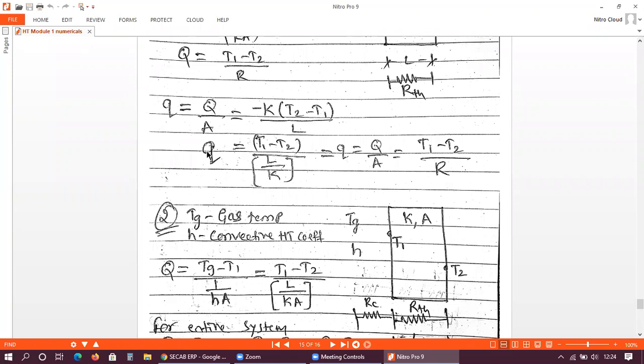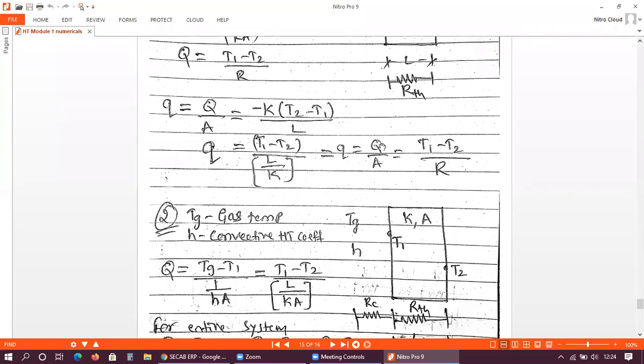Replacing Q by A with small q, small q is equal to T1 minus T2 divided by L by K. This L by K is nothing but the resistance offered, and T1 minus T2 is the temperature difference.